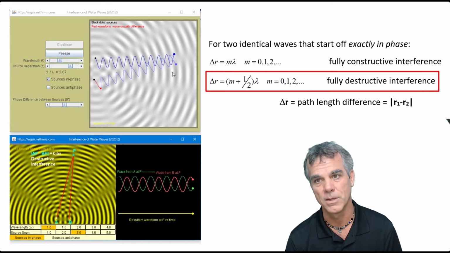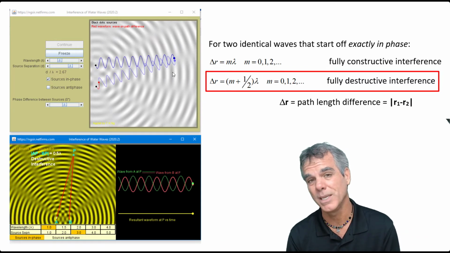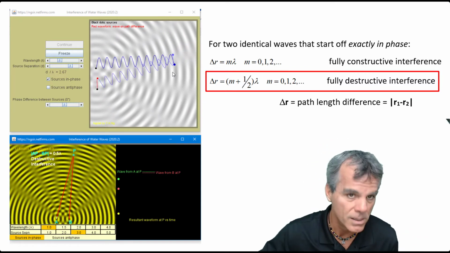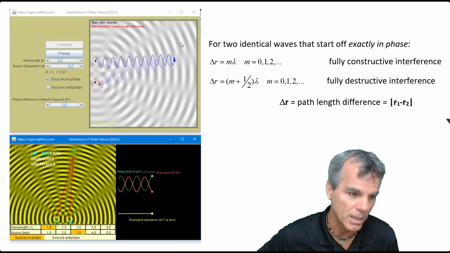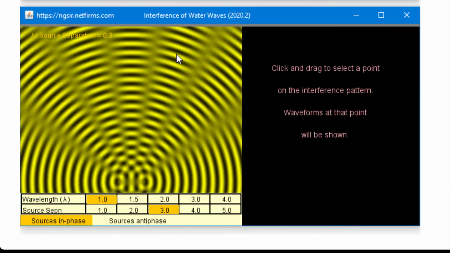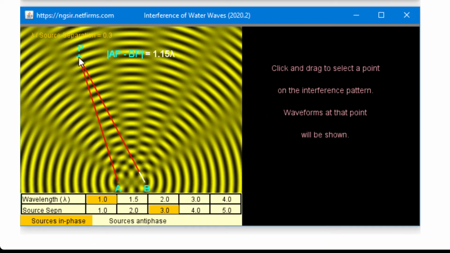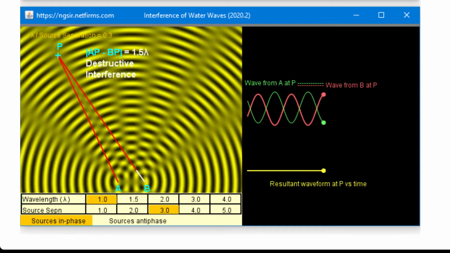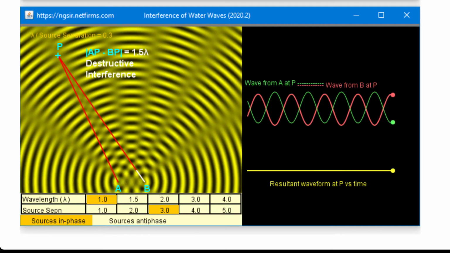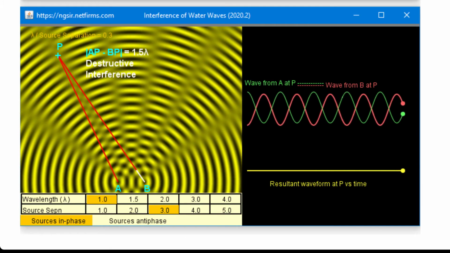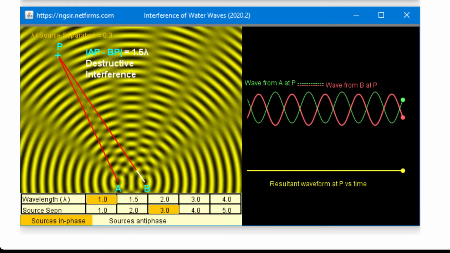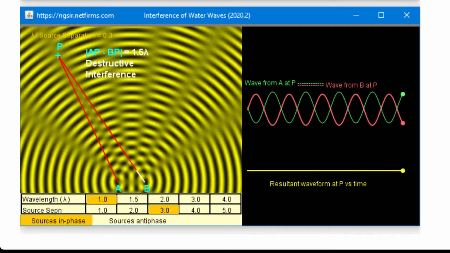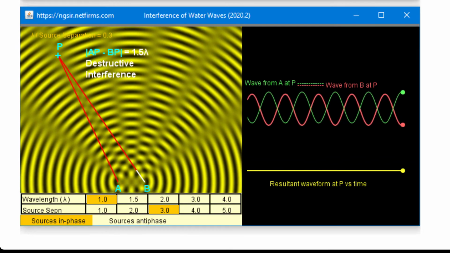And again, since a wave is repeating itself every wavelength, if instead of a half a wavelength path length difference, the path length difference is 3/2 of a wavelength, so 1.5 wavelengths, again, I have the 2 waves arriving at point P exactly out of phase to produce fully destructive interference.